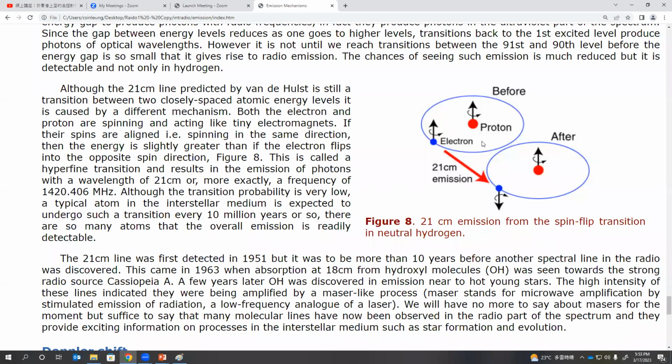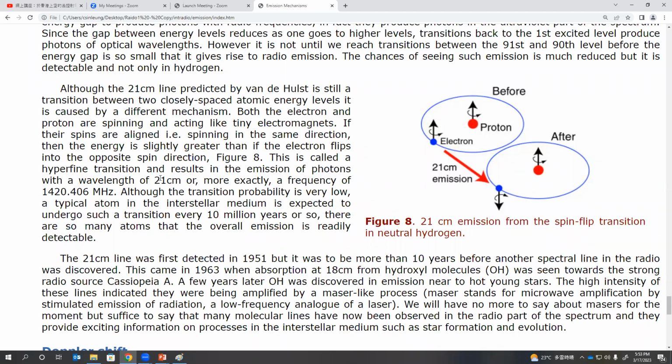However, according to the Big Bang theory, our universe should have a huge amount of hydrogen, even neutral hydrogen, in our sky. So the Dutch gentleman said that, based on our own galaxy, it should be easy to detect this 21 cm light. If we convert it into frequency, it is 1420.406 megahertz, or 1.42 gigahertz.